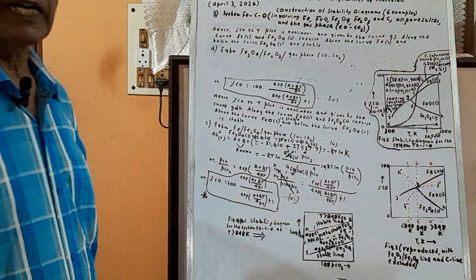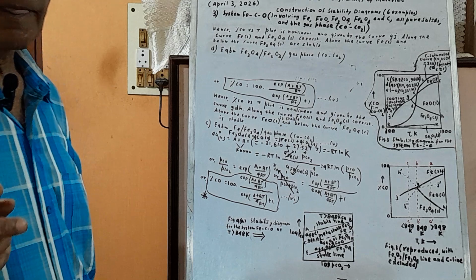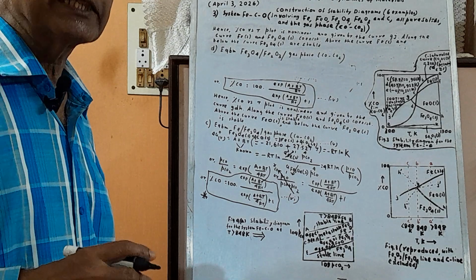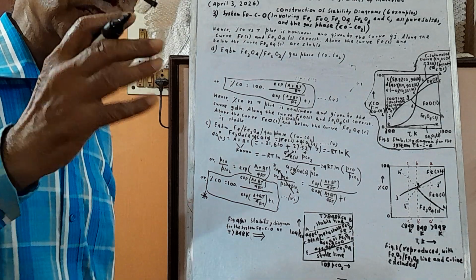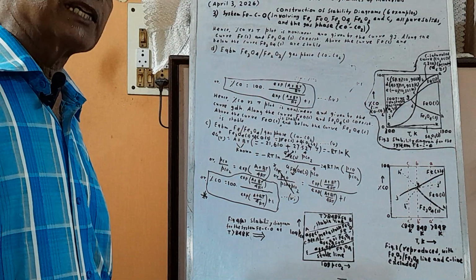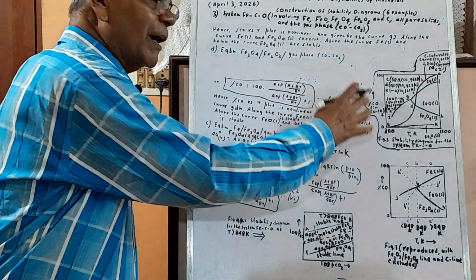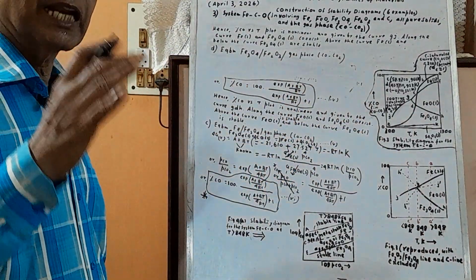If you have a blast furnace situation, then nitrogen is also there along with CO and CO2, which is very practical. Not only CO2, but this is a simplified version for easy learning.